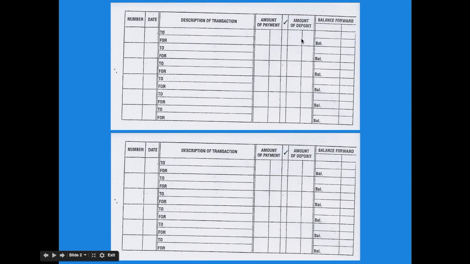This would be any monies that you deposit into your account. And then we have the balance column. Again, the vertical line represents the decimal point. This is where you enter either the beginning balance, if this is a brand new account, or the last balance amount from your previous checkbook register.